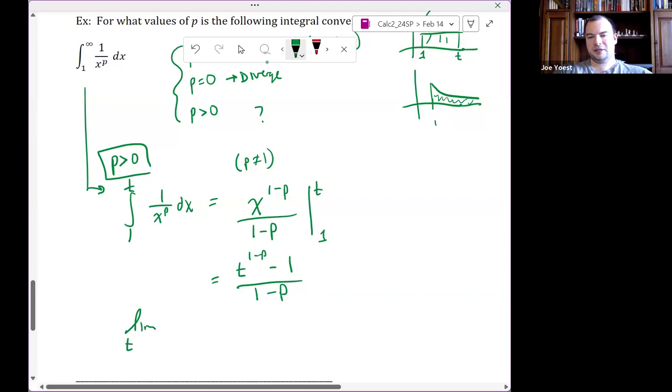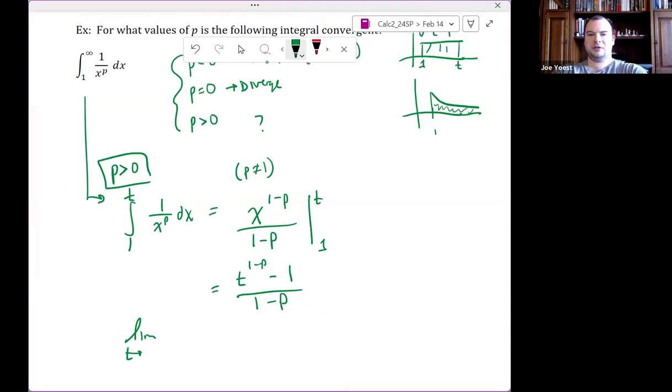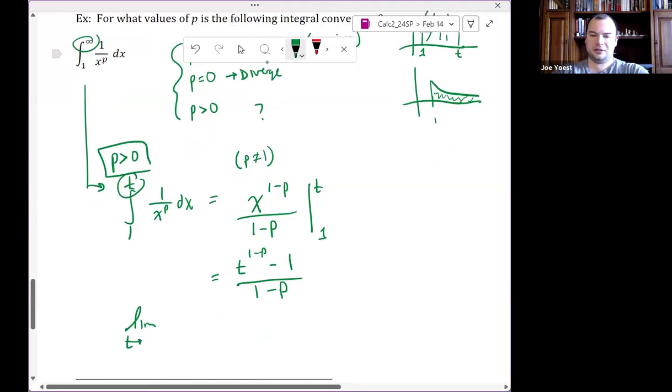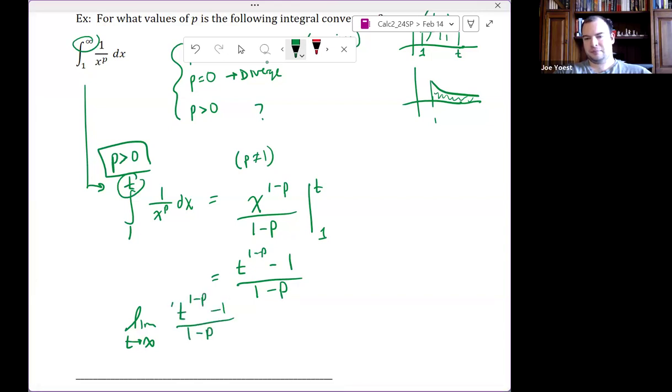And now if I take the limit as t goes to, my t is on top, so I need t to go to plus infinity. Well, the limit of the quotient is the quotient of limits, so the 1 minus p just comes out. The minus 1 just comes out.